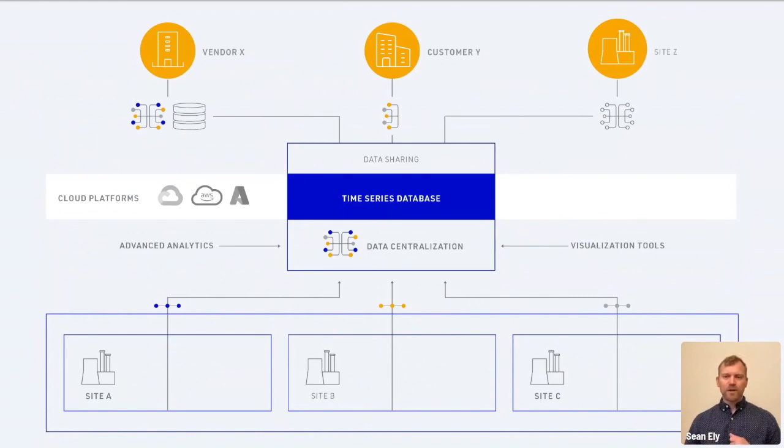And here we show the full architecture with data centralized in TDengine hosted in AWS. Once the data is centralized, data can either be shared or consumed through data analytics or visualization tools. For this case study, the company is using Grafana to create a single dashboard of all 32 plants.